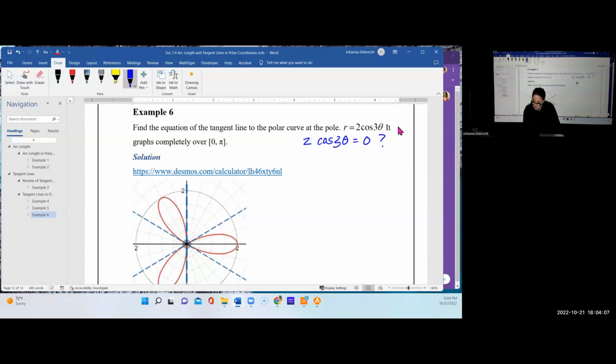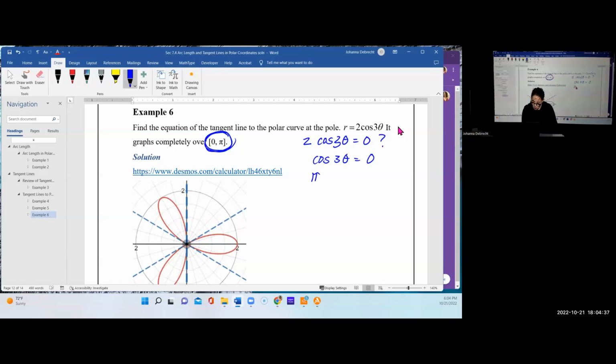So we can divide both sides by 2. That says the cosine of 3 theta equals 0. Remember that we are here between 0 and pi. So what values would cause it to be 0? Well, I don't know. But I do know that the cosine of pi over 2 is 0. So I'm going to start with one I know.